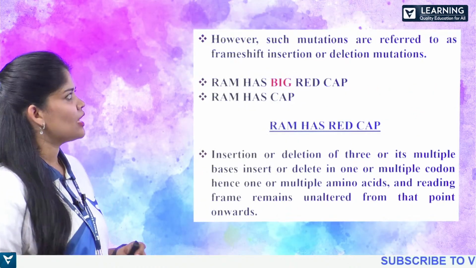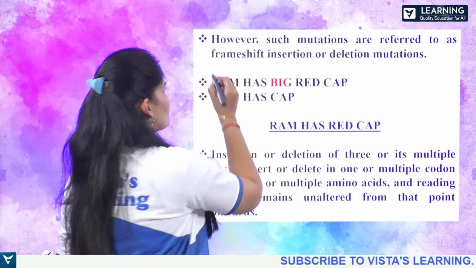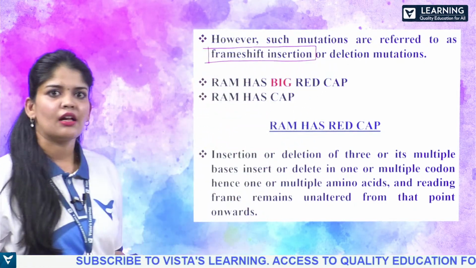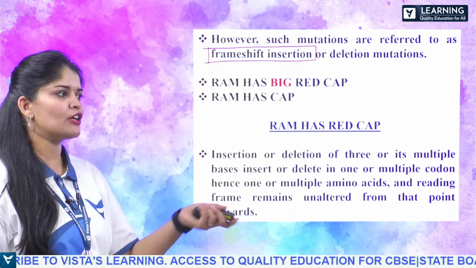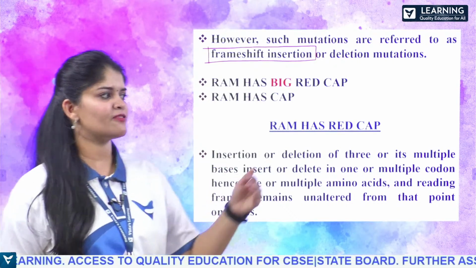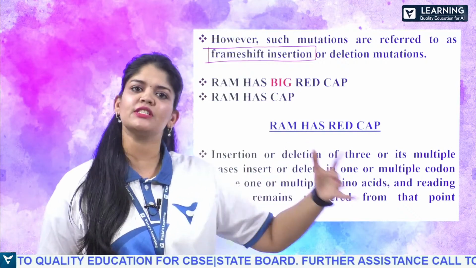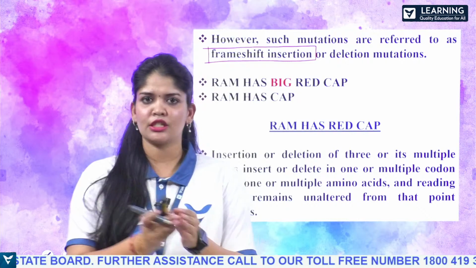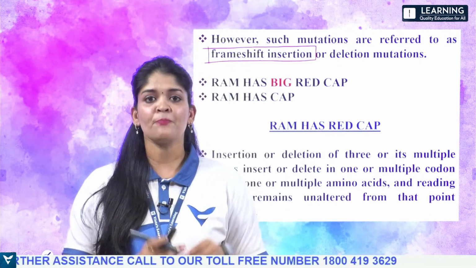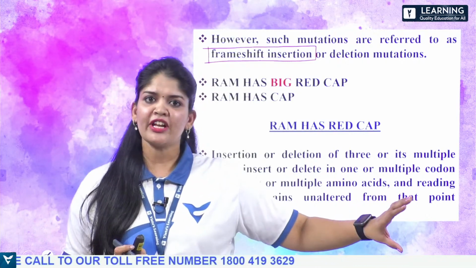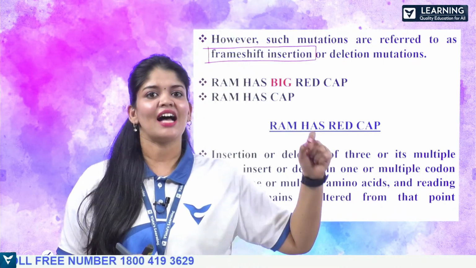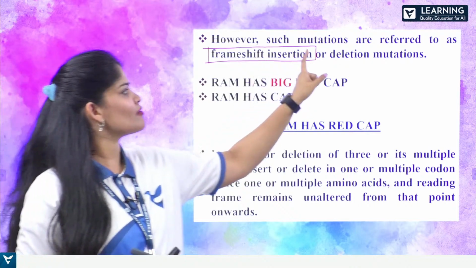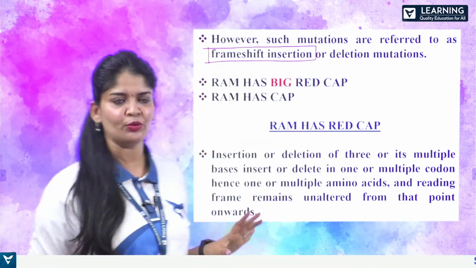Such mutations, caused by an insertion or a deletion, are referred to as frame shift mutations. That is what we call frame shift insertions or frame shift deletions. So if there is an insertion or deletion of one or two bases, the entire frame is going to shift. And that shift is what we call frame shift insertion mutations or frame shift deletion mutations.